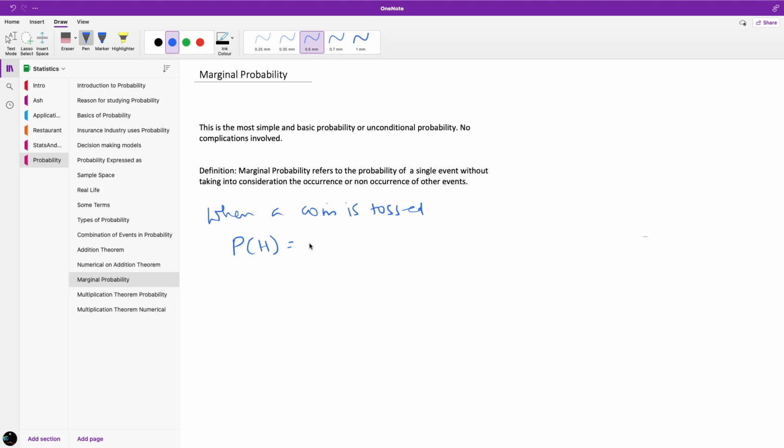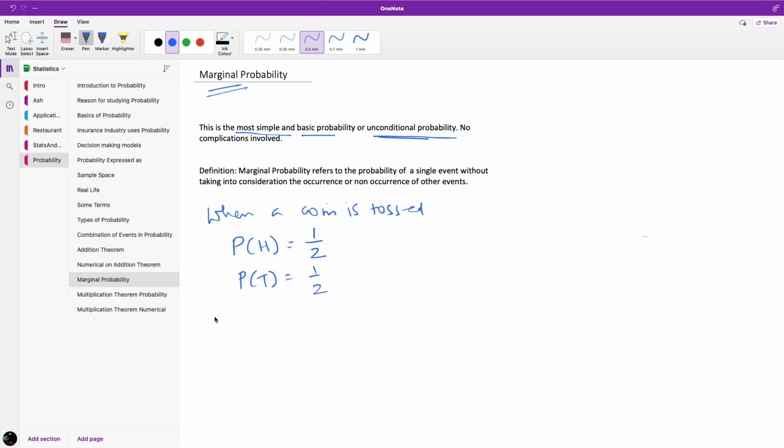We are not focusing on any of that. The simplest and most basic probability, or unconditional probability, is called the marginal probability. So when a coin is tossed, the probability of getting a head is 1 over 2. Similarly, the probability of getting a tail is 1 over 2.